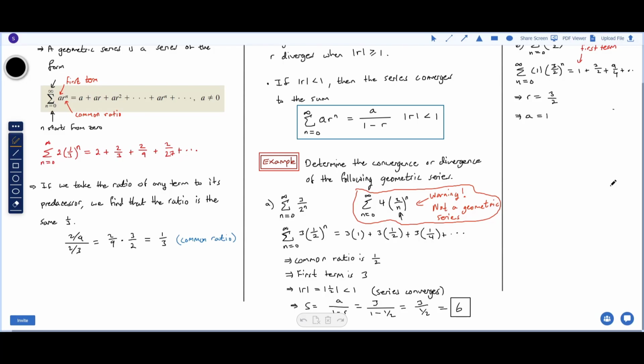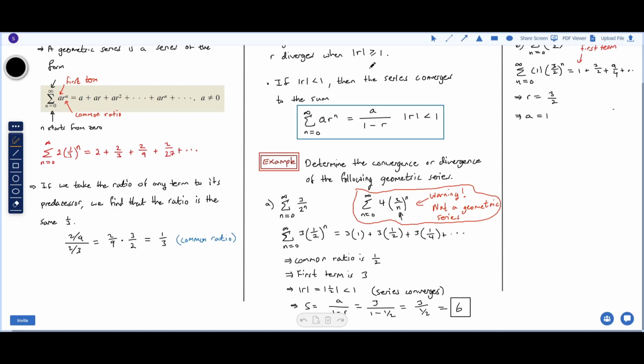I was thinking we were looking at 1 instead of 3/2. Okay. So 3/2 as a decimal is 1.5.